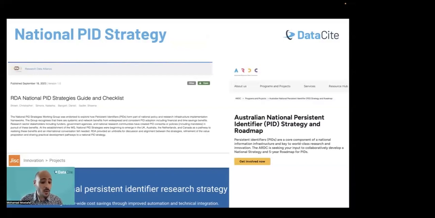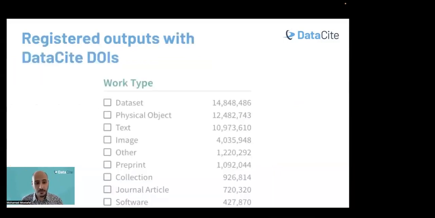And we have Jisc in the UK also, building a UK national PID strategy. The aim is to connect all the research outputs that the country is producing, along with all the ROR IDs affiliated to the organizations of a particular country, along also with all the researchers, through ORCID IDs, that are affiliated to these universities in a specific country. All of these items together are connected with the global research ecosystem.